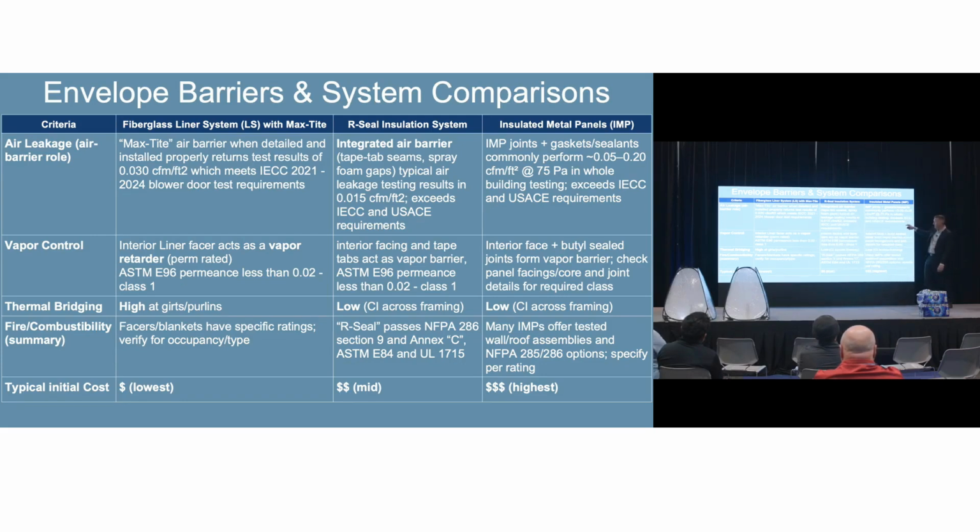Now, when you start moving up, a lot of architects are specifying IMPs. They have great performance. They look wonderful, but a lot of projects can't afford them. So there is this third option, rigid insulation with single skin metal panel, kind of blends the two ends of our spectrum. So make sure you're taking a look at that as you're working through your different systems.